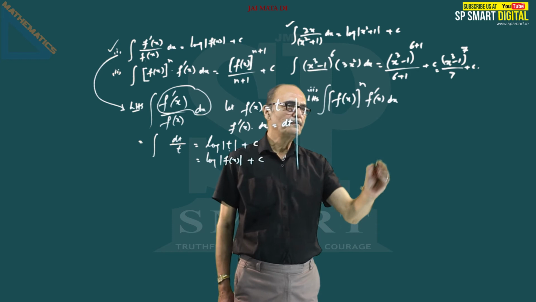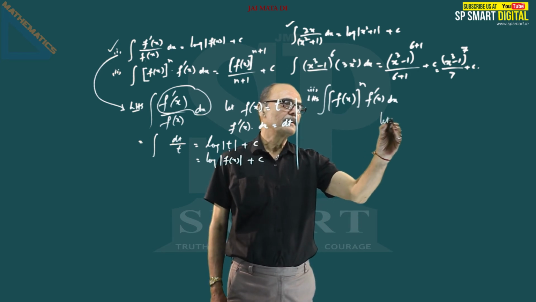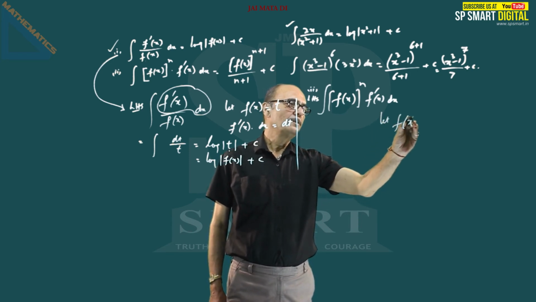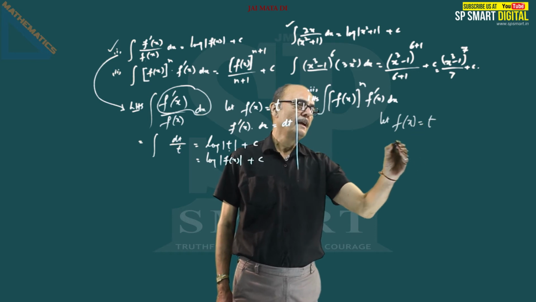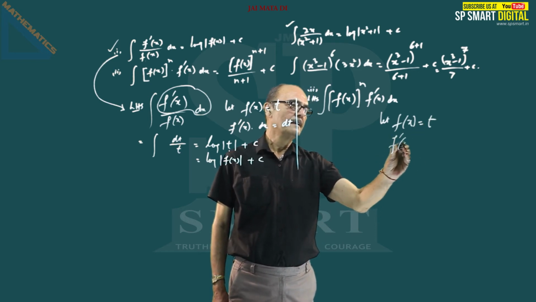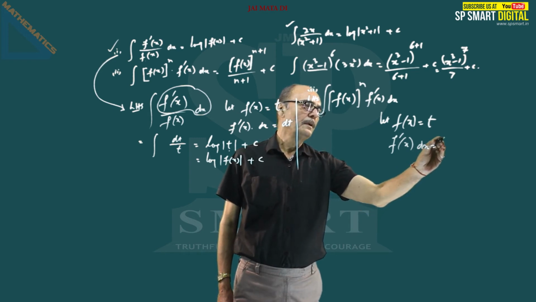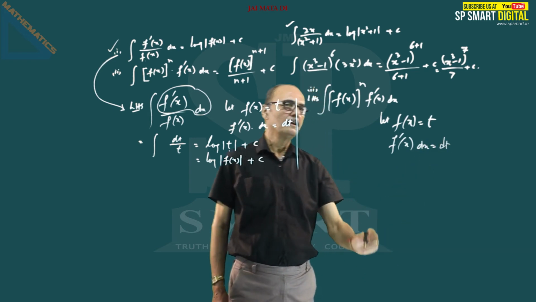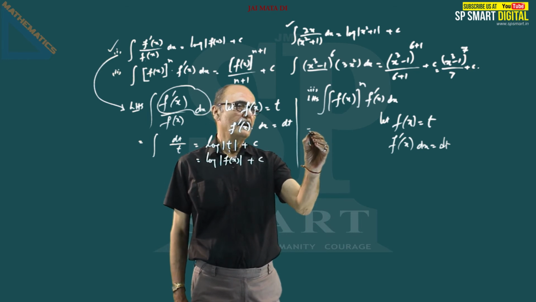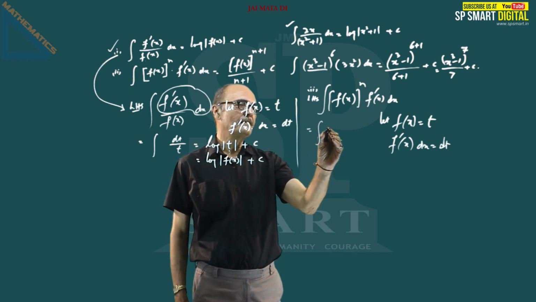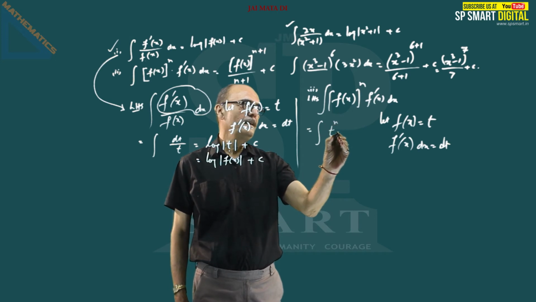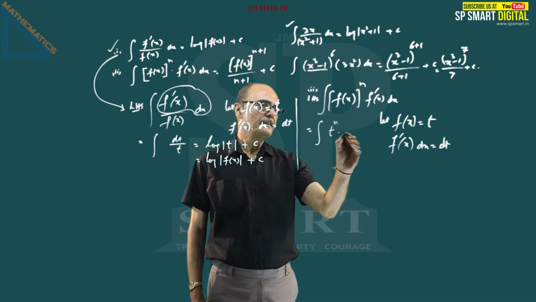Again we make the substitution, let f of x equal to t, f dash x dx equal to dt. So, f of x is t raised to power n and f dash x dx is dt.